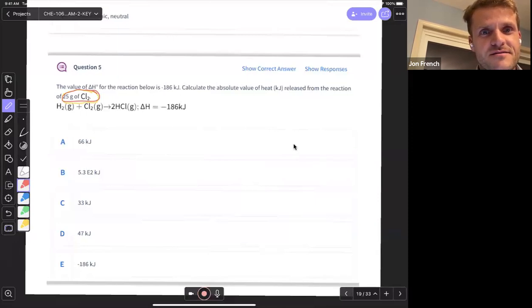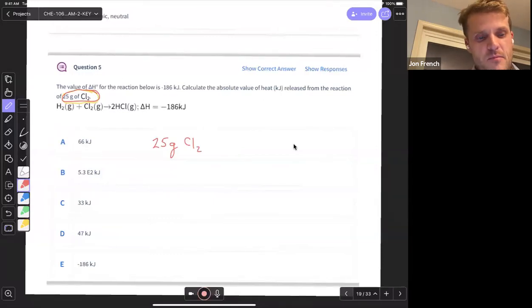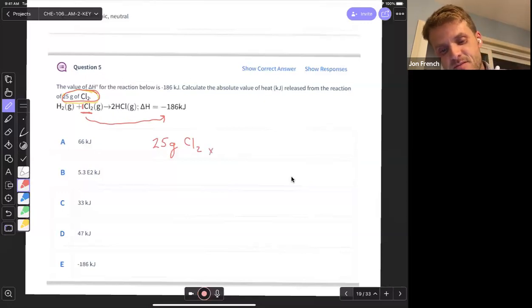I'll try to keep it back on track. 25 grams of chlorine. This thermochemical equation tells us for every 1 mole of chlorine, that's the energy that we release. So we can't do anything with grams. We need to convert it into moles.